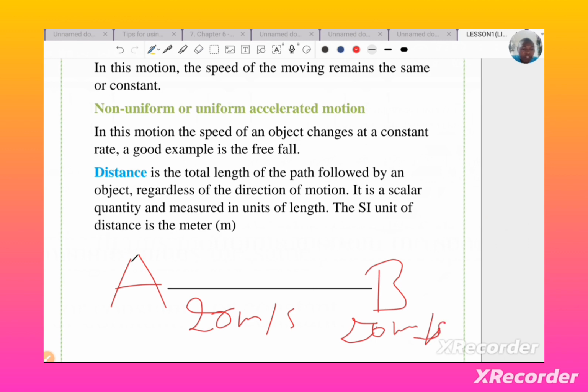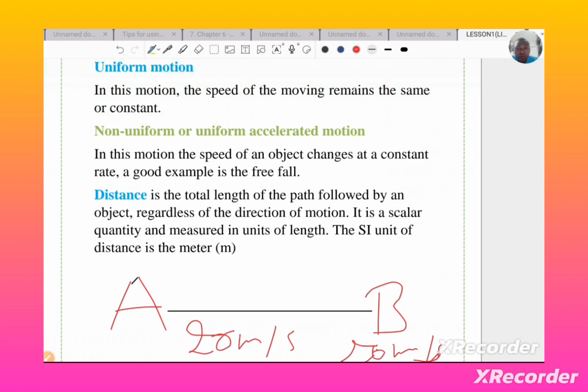You can say that this body is moving with a uniform speed. So it is a uniform motion, because the speed is not changing.